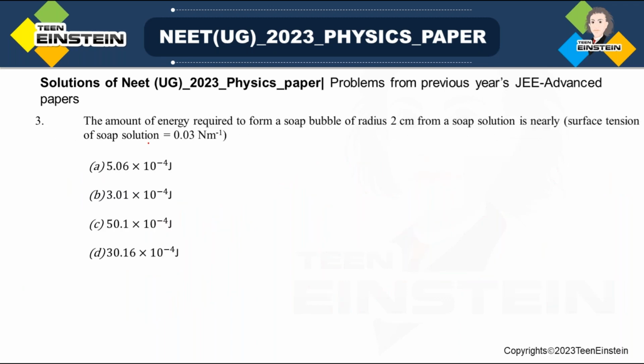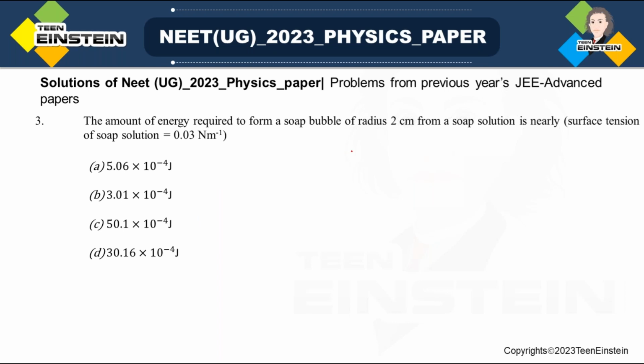So this question is: the amount of the energy required to form a soap bubble of radius 2 centimeter from a soap solution is nearly, where the surface tension of the soap solution is given.